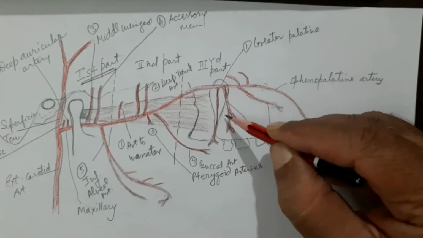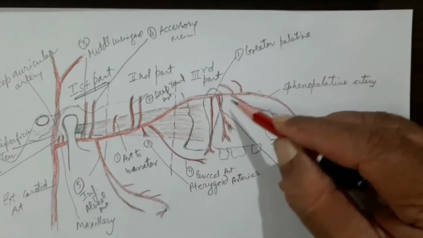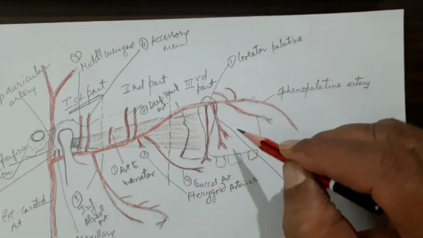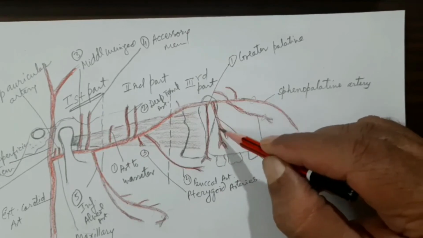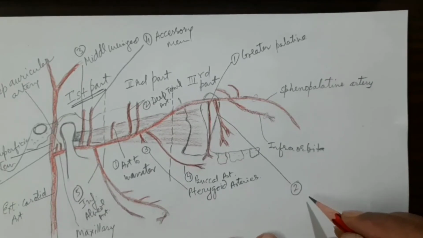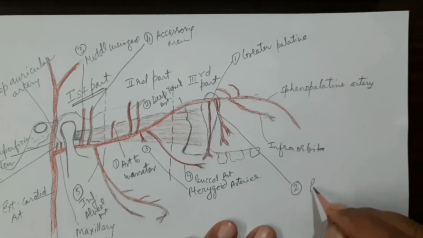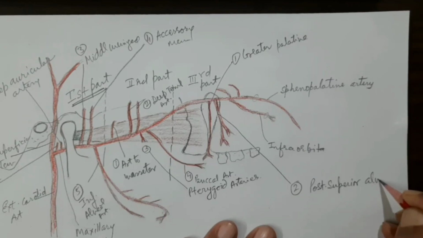Multiple foramina are seen there, and these are for multiple branches of the artery called the posterior superior alveolar arteries.